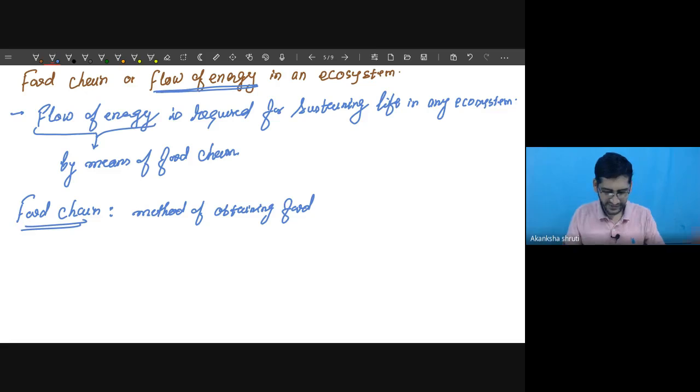The technical or basic definition is like this: the series of organisms feeding on one another at various biotic levels.